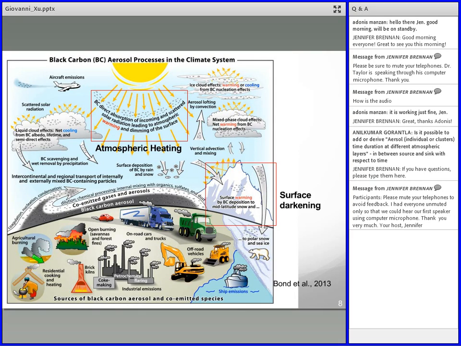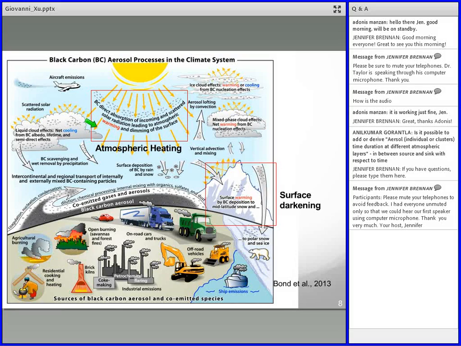And there are two ways black carbon can affect the climate system. One through atmospheric heating, another through surface darkening. For atmospheric heating, it can directly absorb the incoming solar radiation and heat the atmosphere.